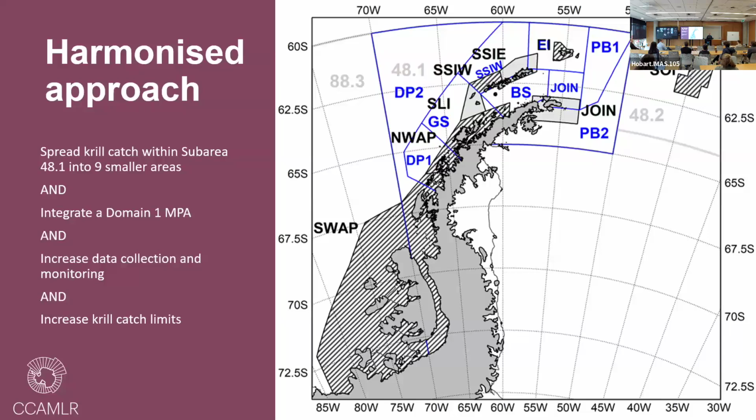So those two things are linked now, and that's what the purpose of this workshop was: to bring everybody together and negotiate a way that you could have an agreed MPA, increase the catch, and increase monitoring with this spatial spread.